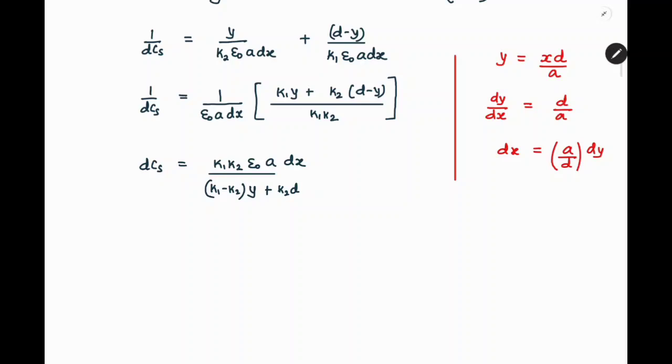If I substitute this dx, the expression for dC series is going to look like k1 k2 epsilon naught a, and then writing dx as a by d, this will become a square dy, and then we multiply by d, over k1 minus k2y plus k2d. So we have an expression like this.